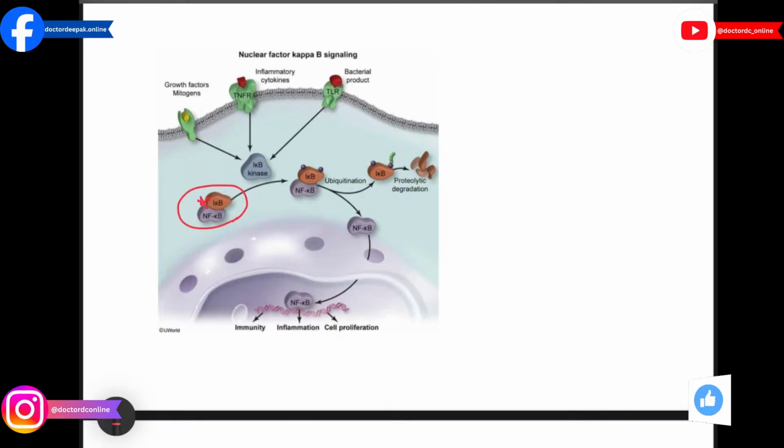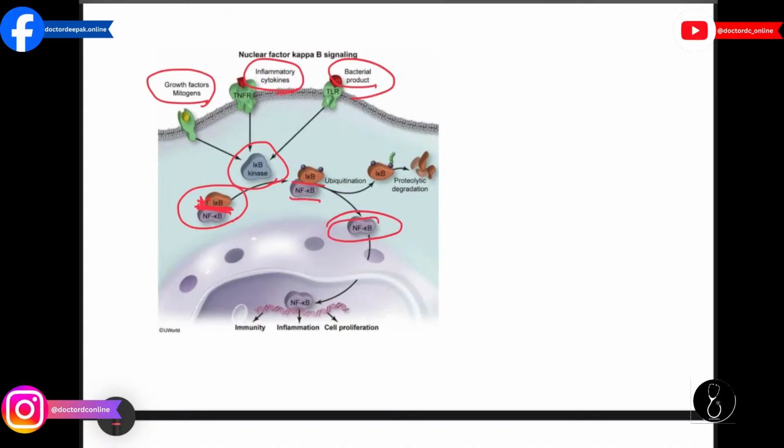When any stimulus, like growth factors, mitogens, inflammatory cytokines, or bacterial products, arrives, they activate one enzyme, IKB kinase. IKB kinase separates both compounds, the IKB inhibitor and NF-KB, by ubiquitination. This results in ubiquitination and proteasomal destruction of IKB with release of free nuclear factor kappa B.